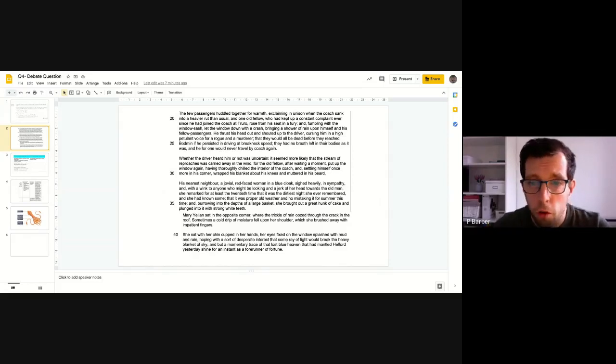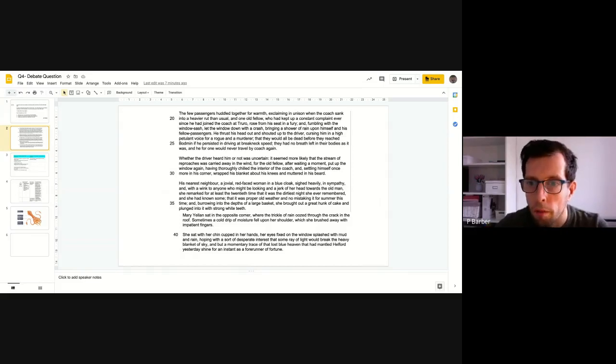The few passengers huddled together for warmth, exclaiming in unison when the coach sank into a heavier rut than usual. And one old fellow, who'd been up and kept up a constant complaint ever since he joined the coach at Truro, rose from his seat in a fury, and fumbling with the window sash, let the window down with a crash, bringing a shower of rain upon himself and his fellow passengers. He thrust his head out and shouted up to the driver, cursing him in a high, petulant voice for a rogue and a murderer, that they would all be dead before they reached Bodmin if he persisted in driving at such breakneck speed.